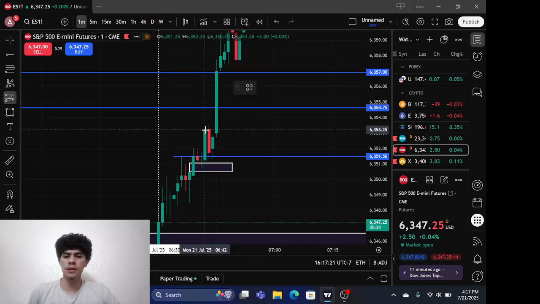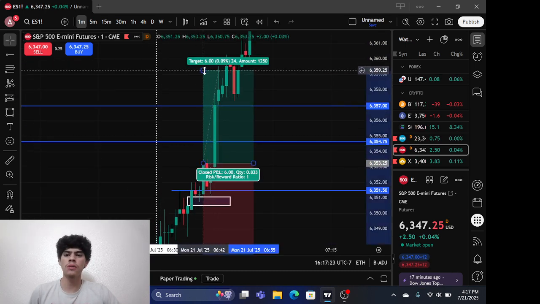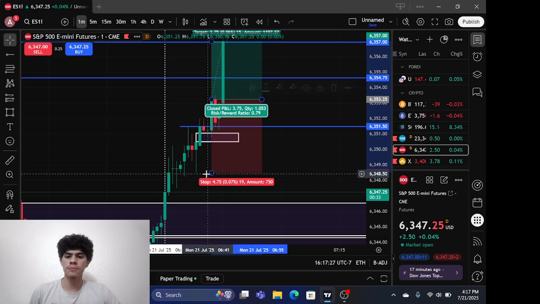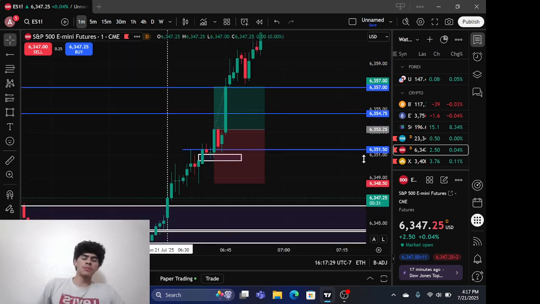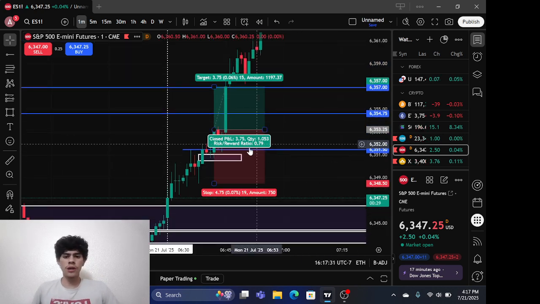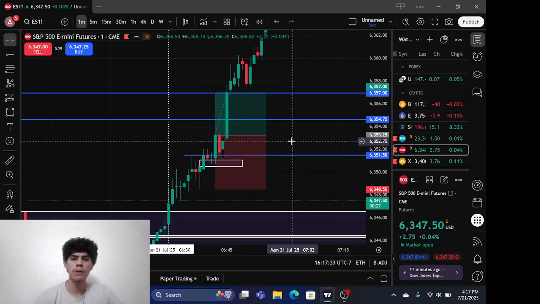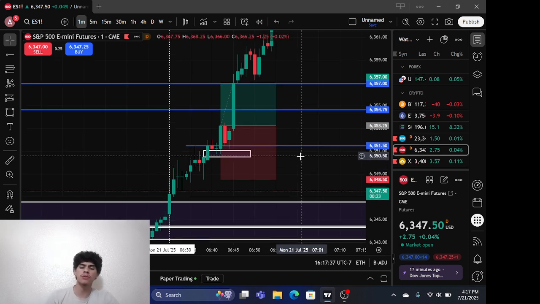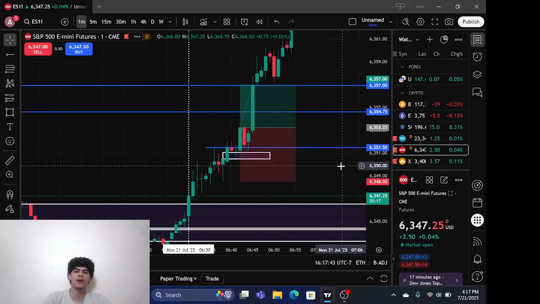And as you can see, this was a horrible risk to reward ratio trade. But at this moment, I would have taken it because there was good momentum to the upside. So it was a bad risk to reward ratio trade, but we still managed to get it. So that would have been our trade.